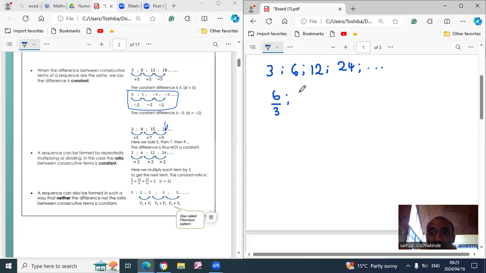Then if you take 12 divided by 6, and if you take 24 divided by 12, all these will be 2. All right, so that shows the relationship in this pattern.